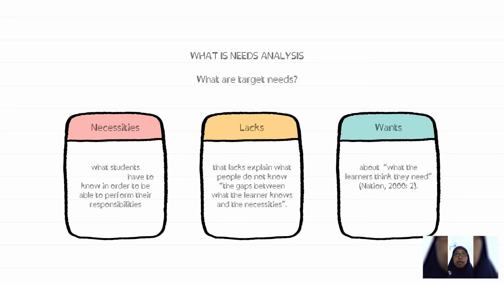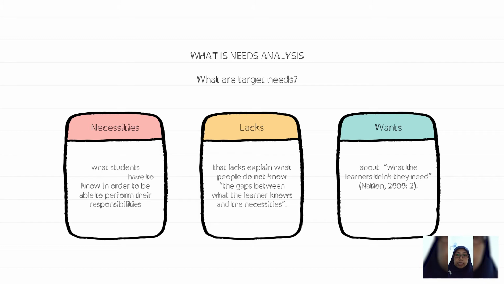What are target needs? Target needs, as defined by Hutchinson and Waters, refer to what the learner needs to do in the target situation. Such needs fall into three categories: necessities, lacks, and wants.